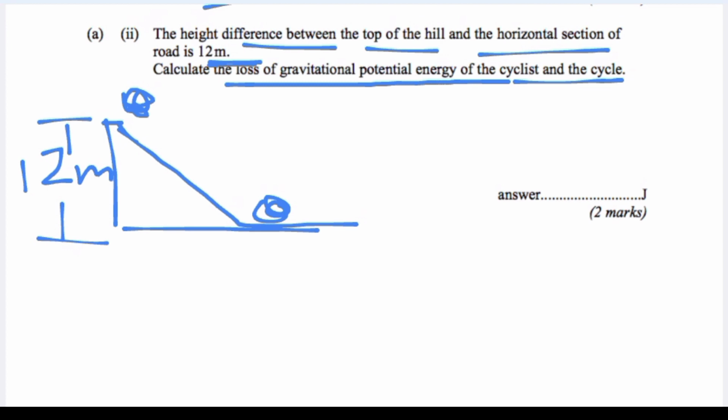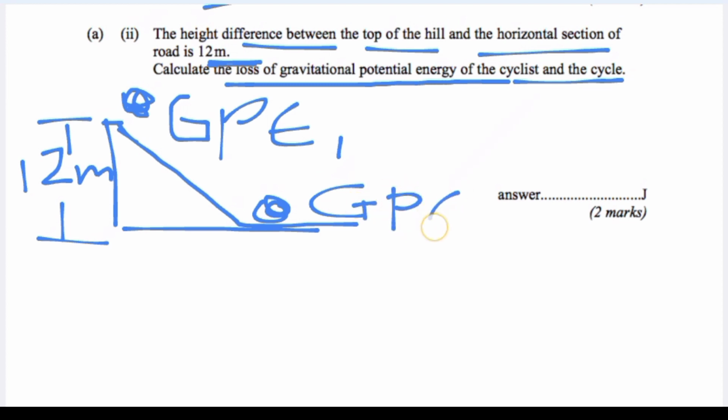Now we are asked to find the loss of gravitational potential energy, because the cyclist started from the top. It has gravitational potential energy 1, GPE1, let us say, and when it comes down it will have GPE2, right?